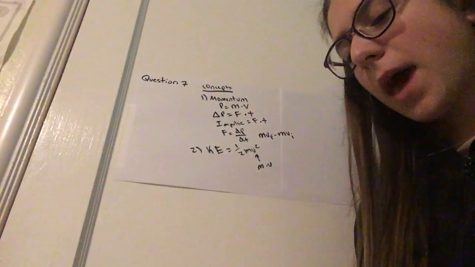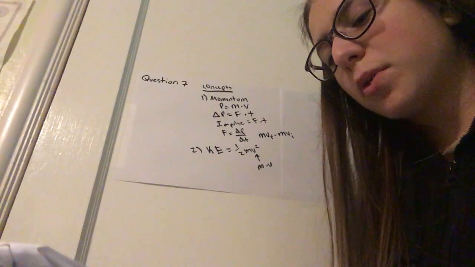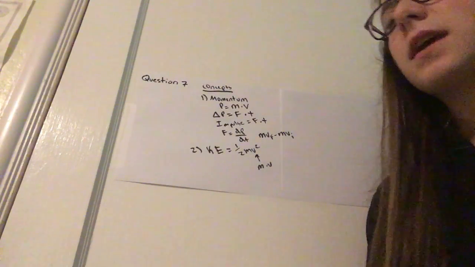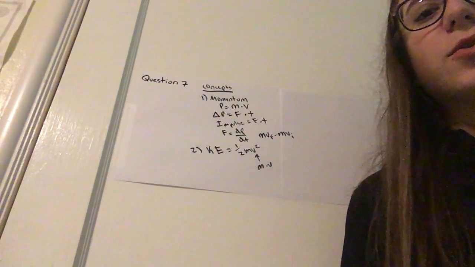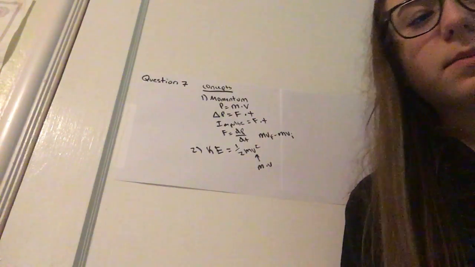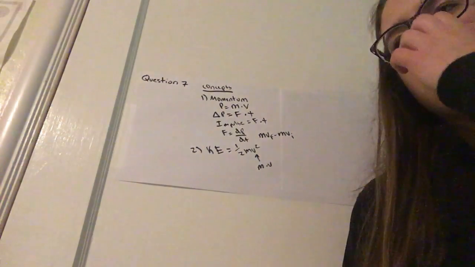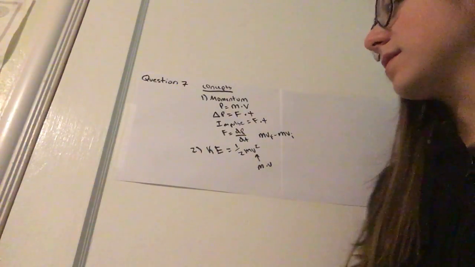In this problem, as it states here, the spring is released and pushes on cart A. That means that a force is occurring on cart A. So since a force is occurring, momentum will change. And since it's being compressed and then released, the momentum will increase.